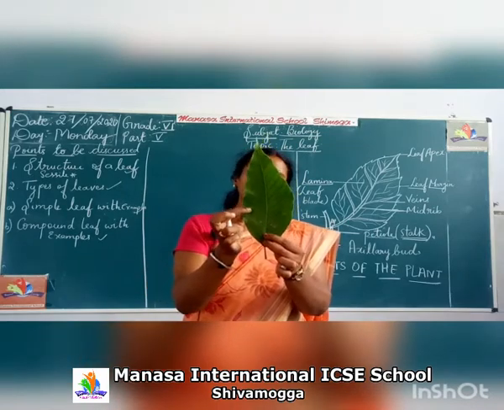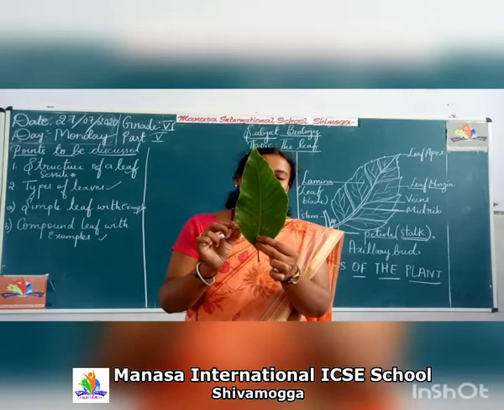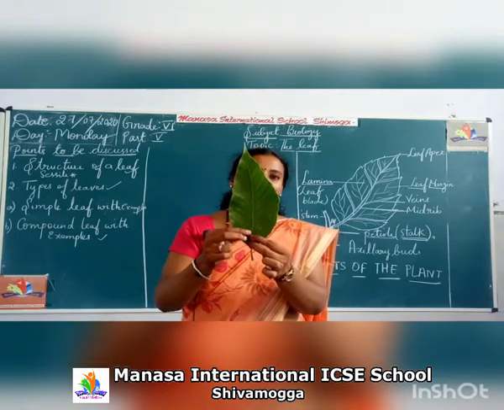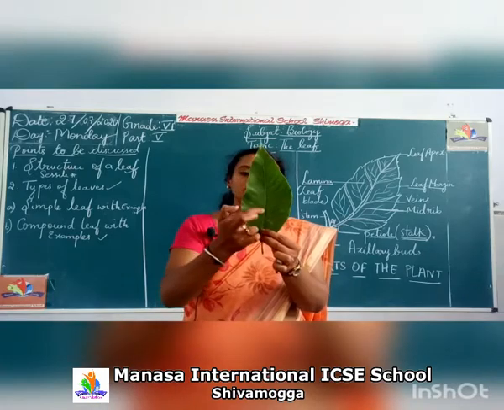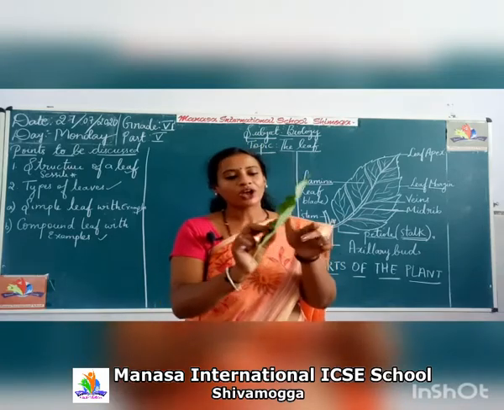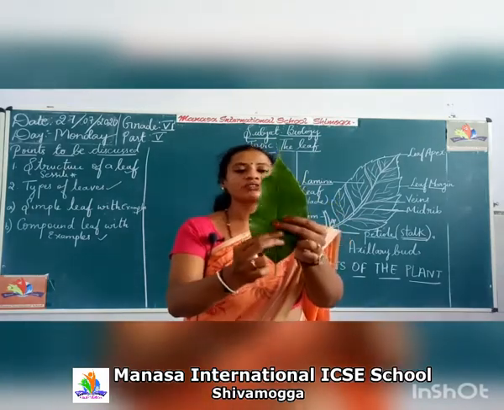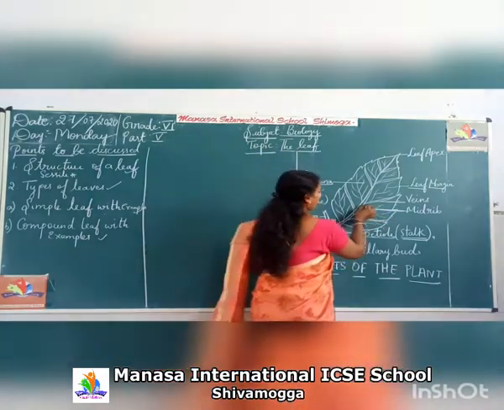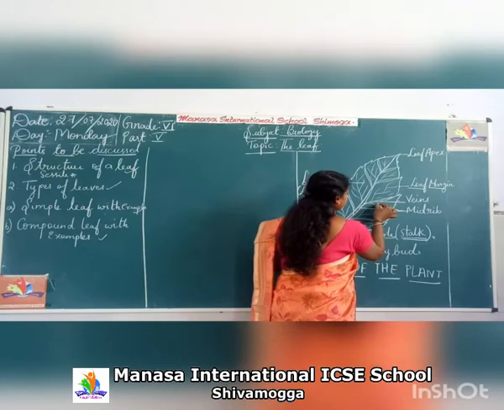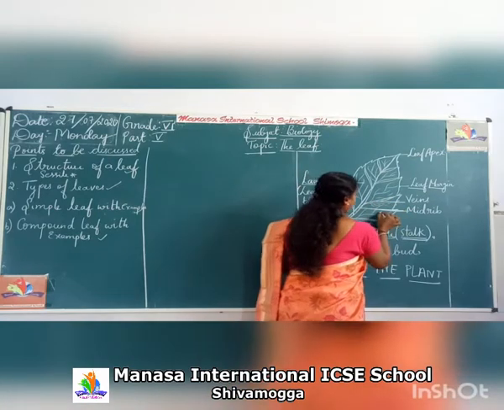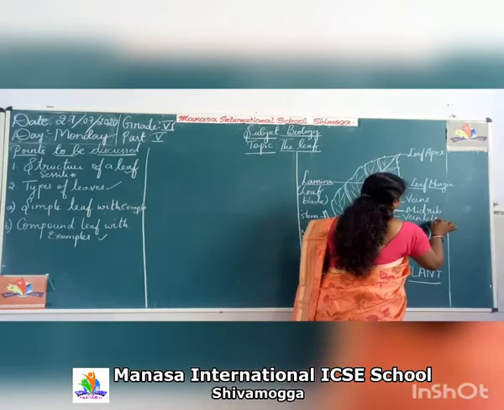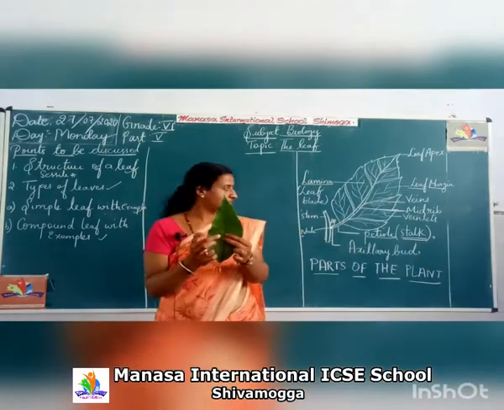Those are called veins. Just pluck a leaf while watching the video. Start carefully observing the leaf you have at home, right? These veins also give rise to small veinlets. The small sub-branches of veins are known as veinlets.